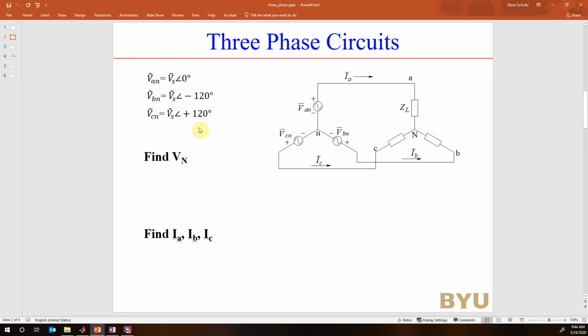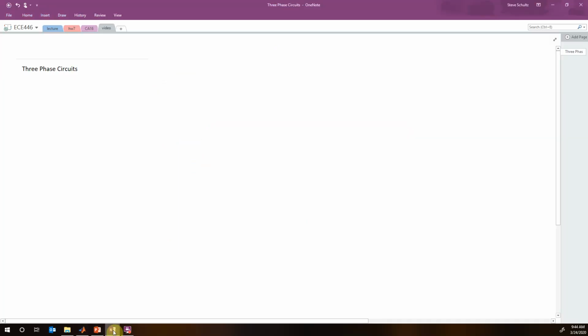Why are these chosen in this direction? With our three phases, we have one voltage going up, and then we go over 120 degrees and then over another 120 degrees. So this is our 0 degrees. We go positive 120, and then we go around this way 120.